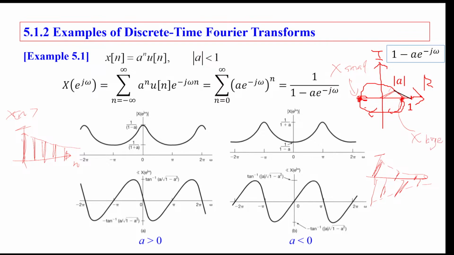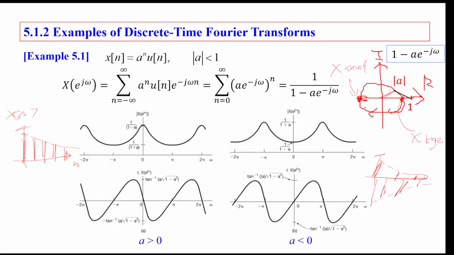Okay, and then you can see that when a is positive and negative, you have different omega where big X is larger and smaller. When a is positive, you start at omega equals 0 with this large point.